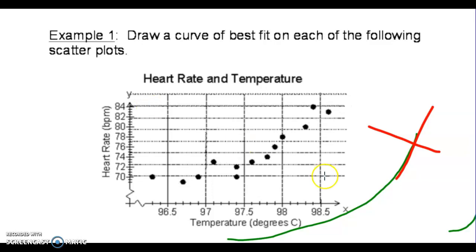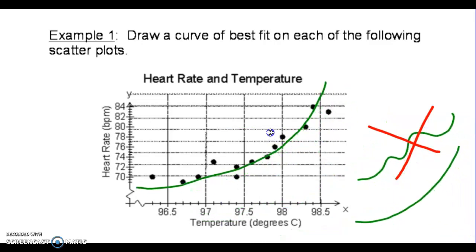But look at what happens when I instead use a curve. When I use a curve, you can see that it touches a lot more of the points and it better balances the points. So in this example here, in fact, a curve would be a much better choice when I'm trying to show the correlation between the two variables here.